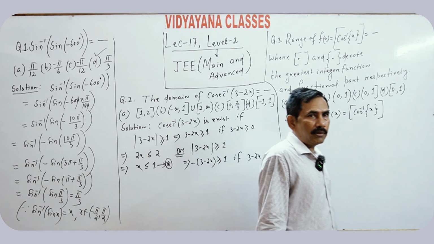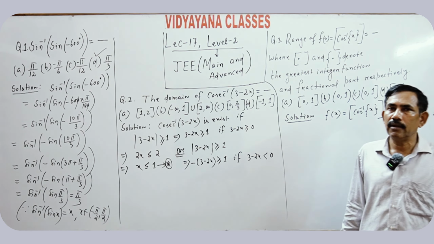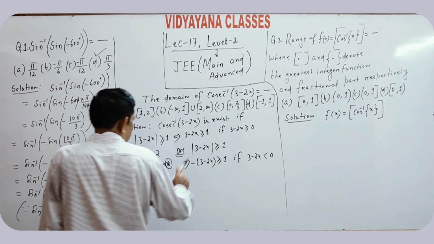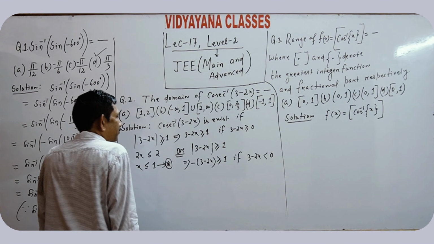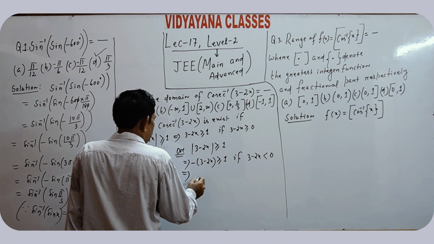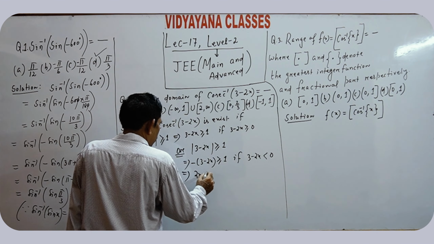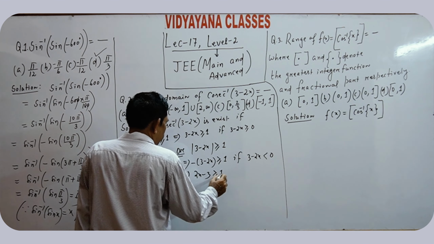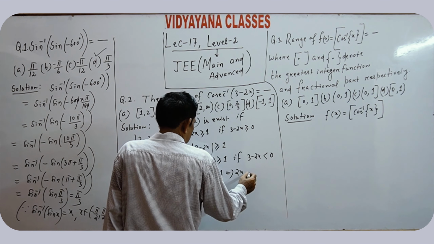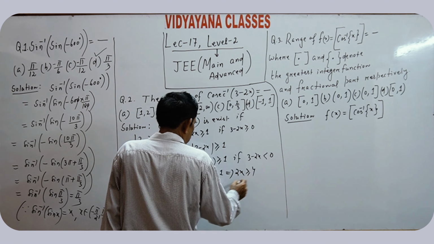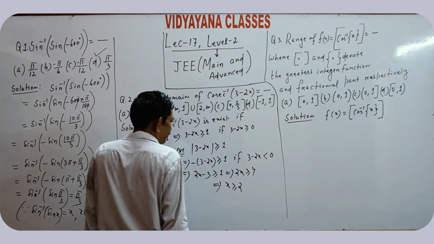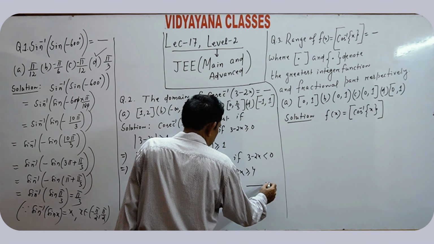Since mod of x is equal to minus x if x less than 0. Here x is given by 3 minus 2x, which implies as 2x minus 3 greater than equal to 1, which implies 2x greater than equal to 4, that implies x greater than equal to 2. It is taken as a double star.